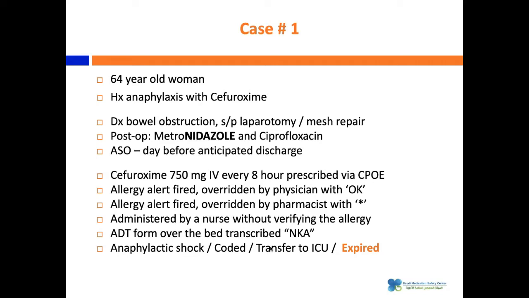The physician was in the clinic that day and the patient was admitted in the hospital. He was thinking that he would discharge this patient tomorrow, so he would give her an IV medication, and tomorrow his junior could easily change it to oral. So he prescribed cefuroxime 750 IV every 8 hours, as you can see in the slide, through the hospital informatics system.